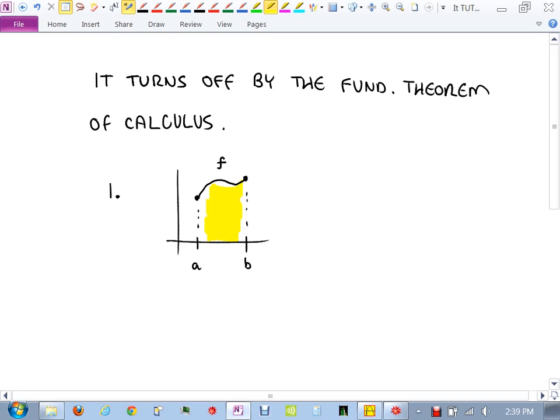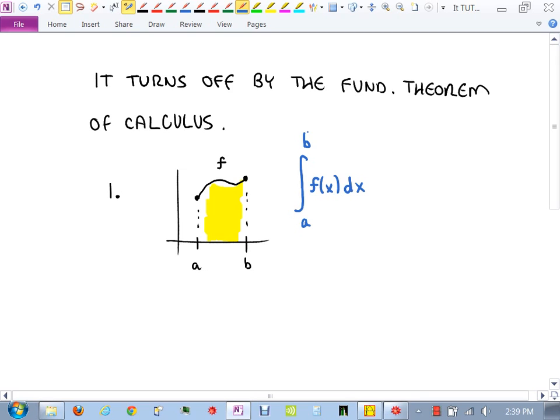But the fundamental theorem of calculus says this. It says that that integral, and now I'm going to add something to this notation, A and B on the top and bottom. Those are called your limits of your integral. That just tells you where you're starting and ending.